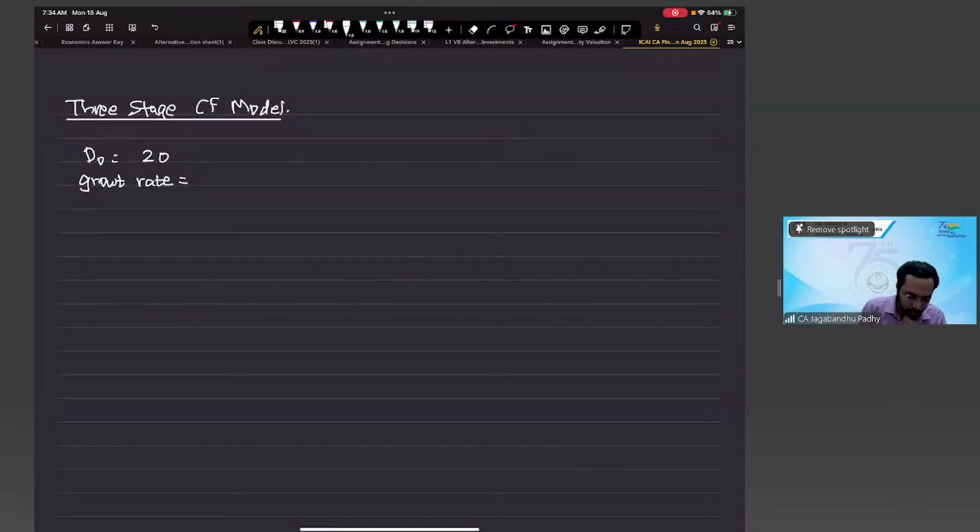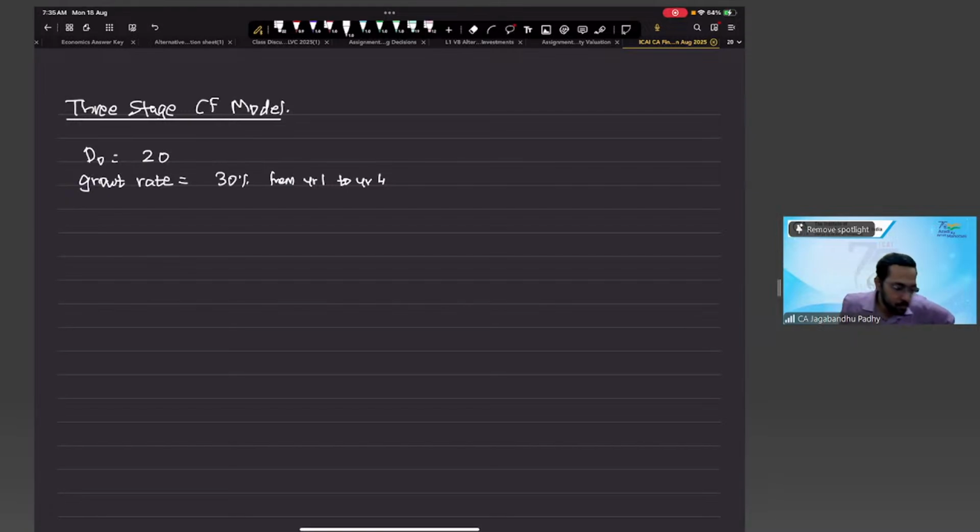We say there will be a high growth phase, let's say 30% from year 1 to year 4. Let's say for 4 years, you're going to have a high growth rate of 30%.